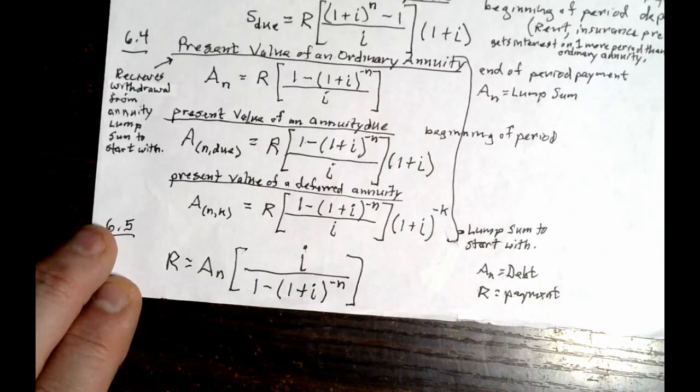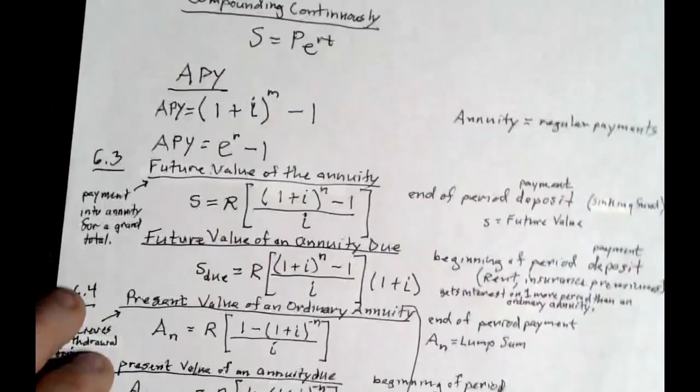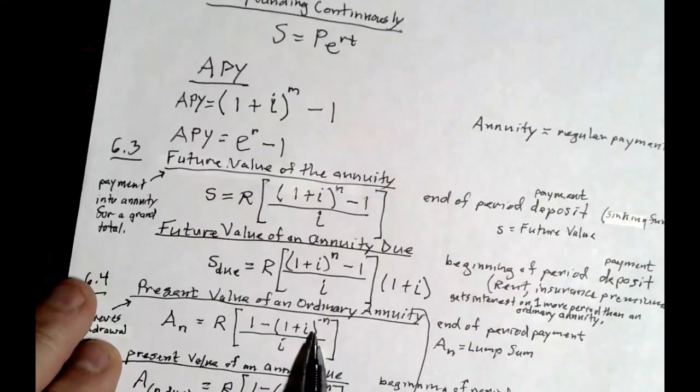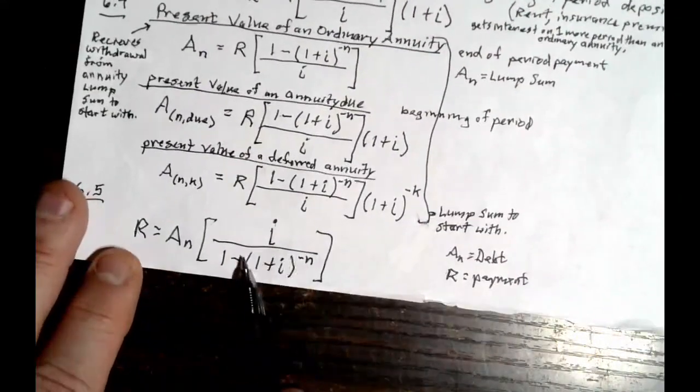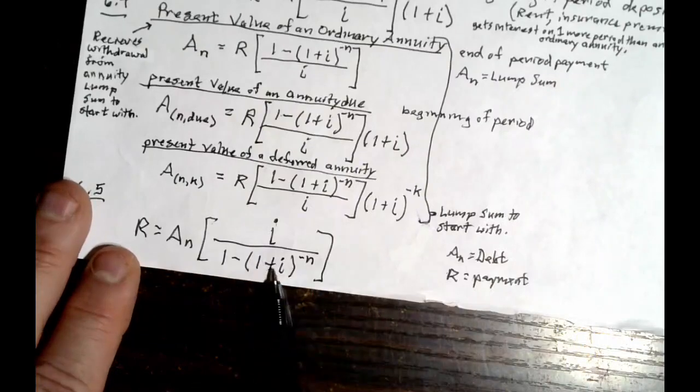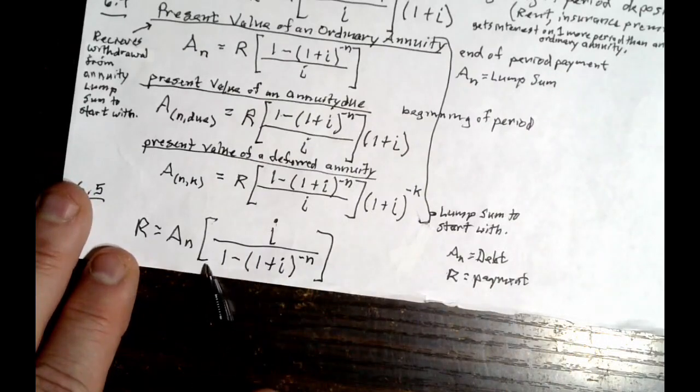Now the tricky part of this amortization formula is right here. You got the negative exponent in the denominator. In the past we had negative exponents, but at least they were in the numerator. That made it a little easier. Now, this one's tricky because a lot of students will calculate this guy, and then they'll say this minus 1, which is wrong.